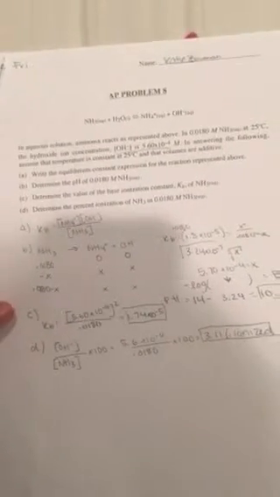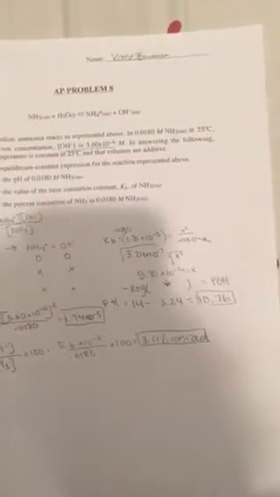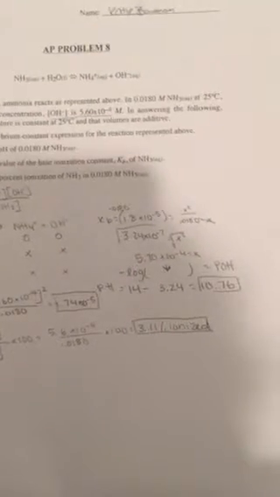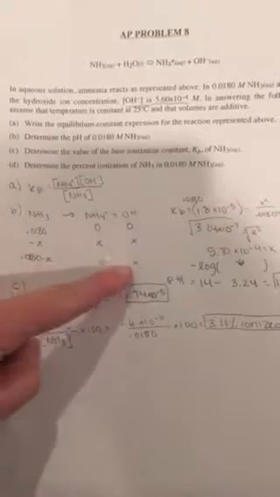And so what you're going to do is you're going to take the Kb for NH3, which is 1.8 times 10 to the negative 5, and you're going to plug these into the equilibrium expression above.